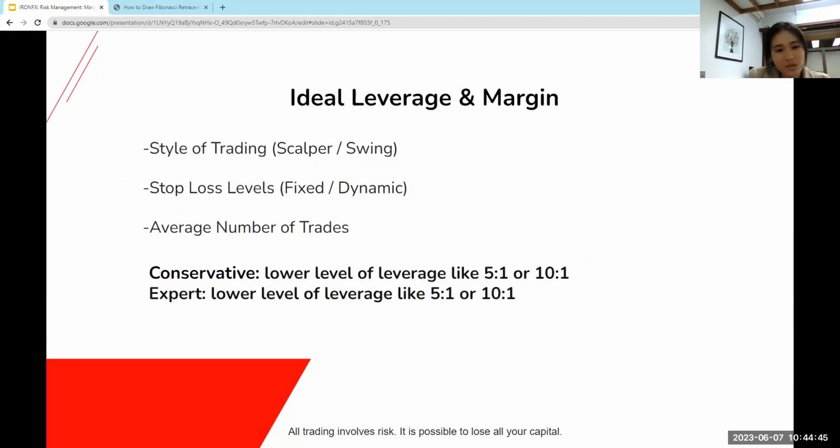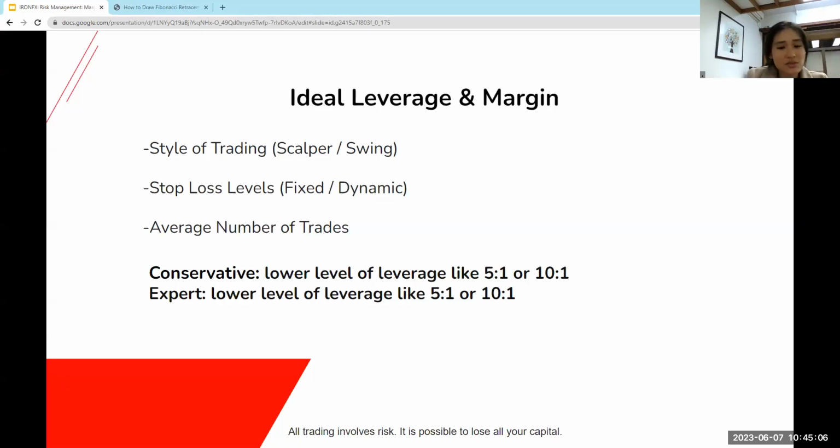Okay, so is there an ideal leverage or margin? The short answer is no, because it's up to you as a trader to determine whatever level of leverage makes you the most comfortable, and it also depends on your risk appetite as well.